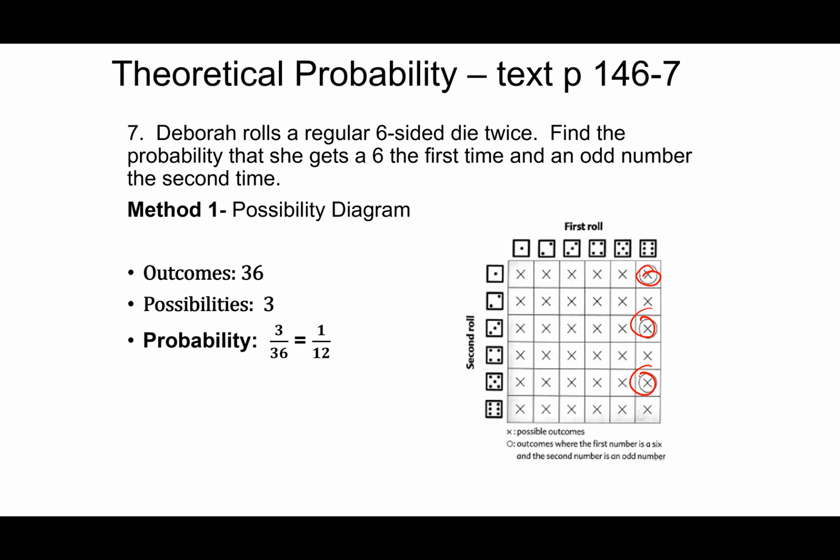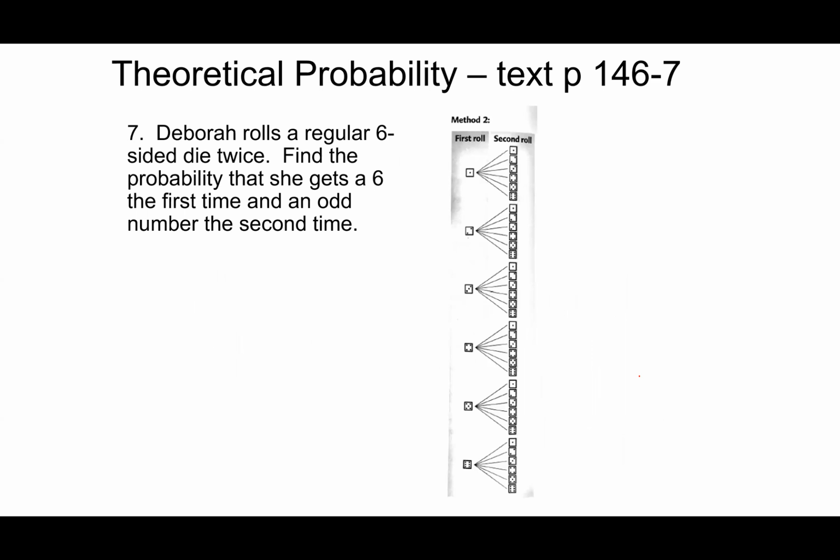Next method, the possibility tree. Okay, here's our first roll, and then our second roll. Notice for every roll on that first time, we have 6 possibilities for the second roll. So how many outcomes do we have this time? Okay, guys, I should probably hear a lot more of that right now. Okay, good. 36. It's still 36, even though it's a different way of illustrating it.